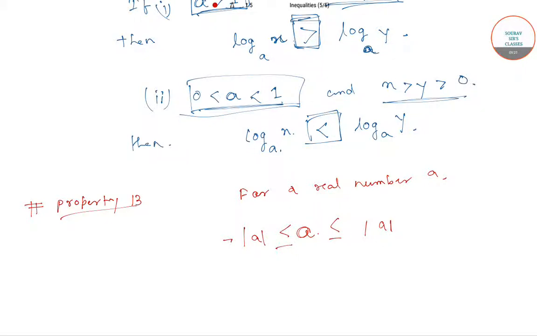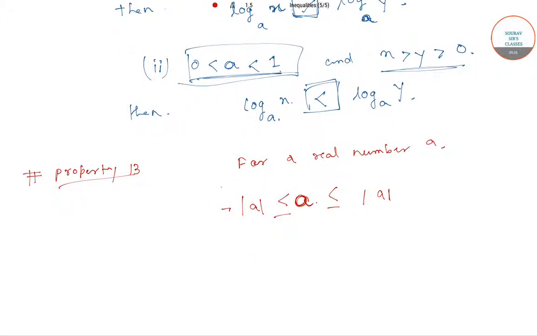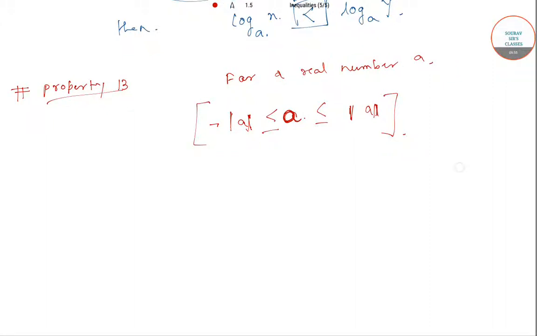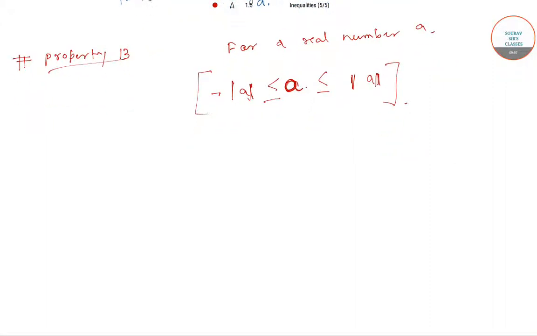That is, a is greater than or equal to minus mod of a and less than or equal to mod of a. So this is the range for any real number a: whatever the value of a is, it lies between minus mod of a and plus mod of a. So this is our property number 13.